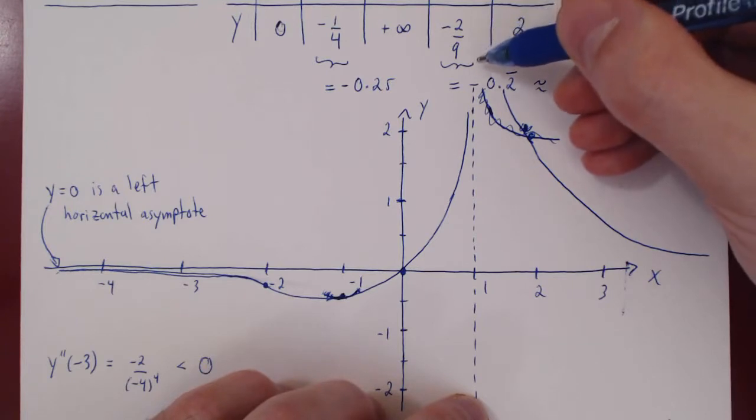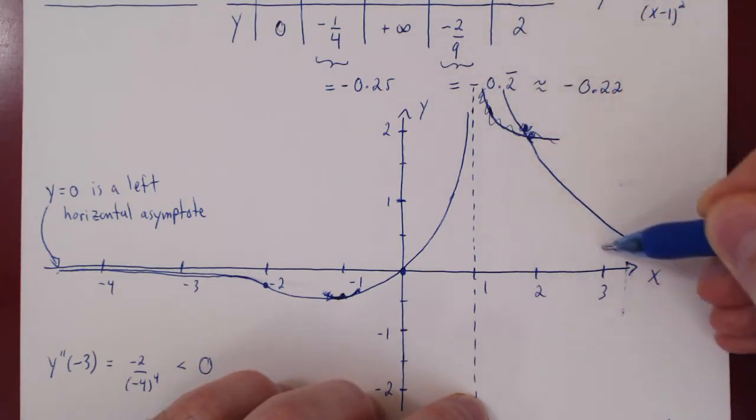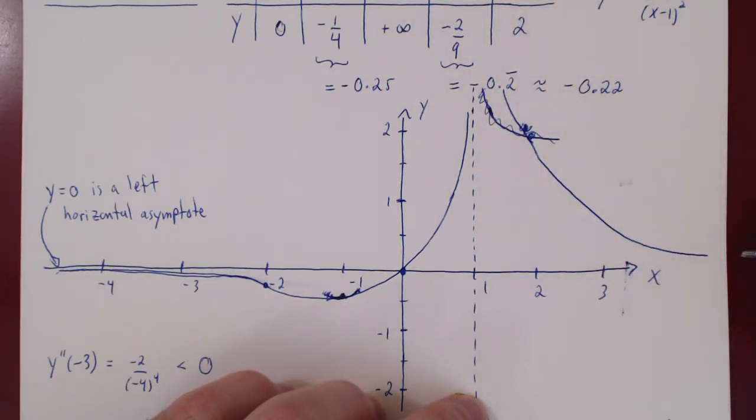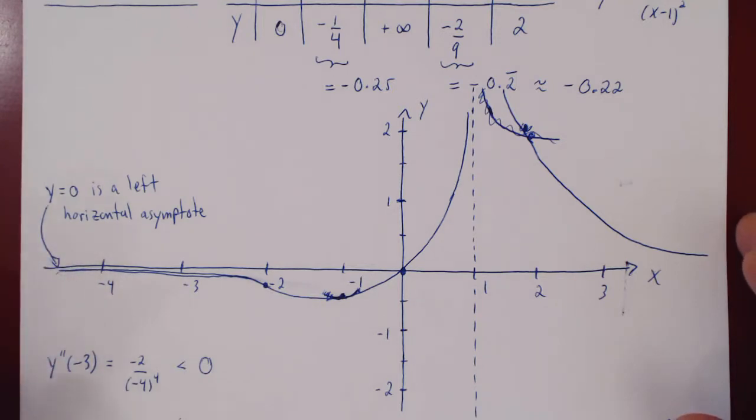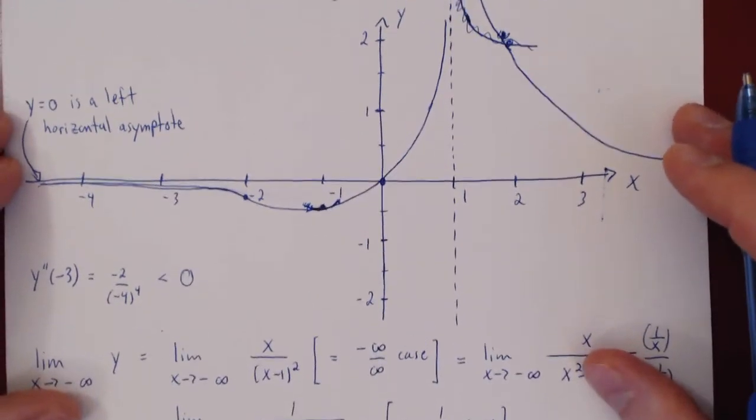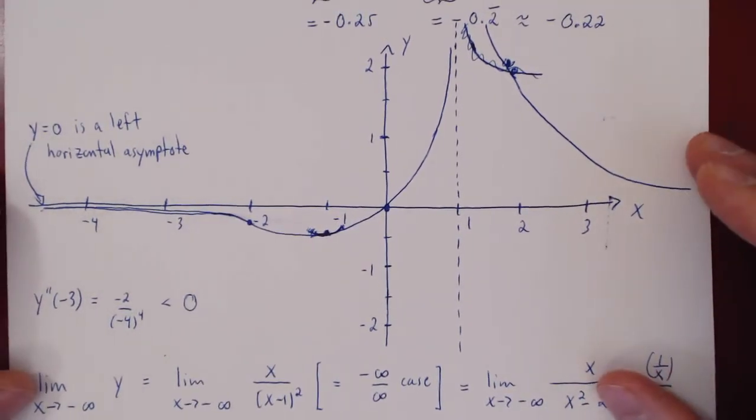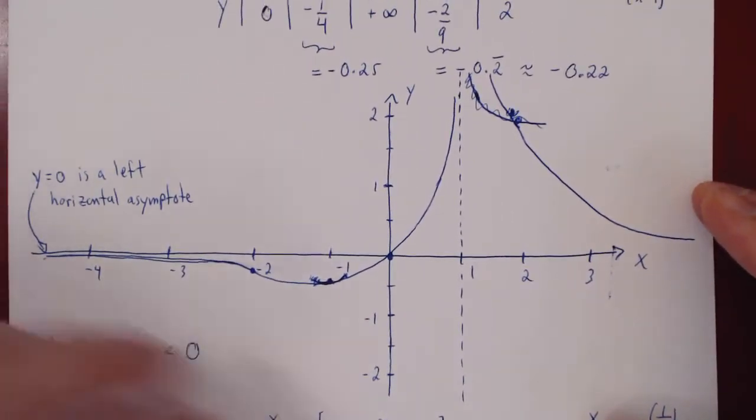So the curve will go like this. And as x becomes bigger and bigger, y will keep getting smaller and smaller and closer and closer to y equals 0, therefore the x-axis. So we have y equals 0 as both a left and a right horizontal asymptote. And now we have completed the sketch of our function.